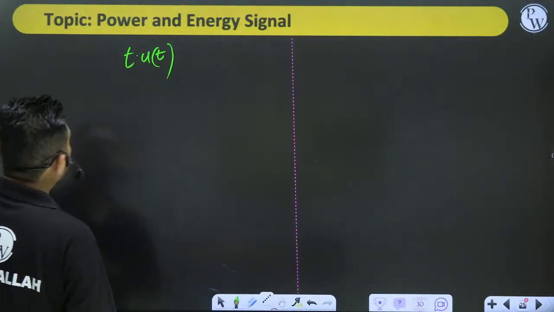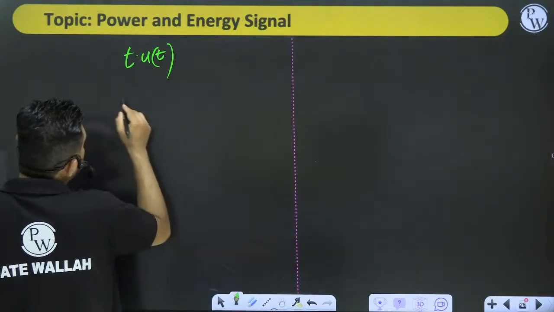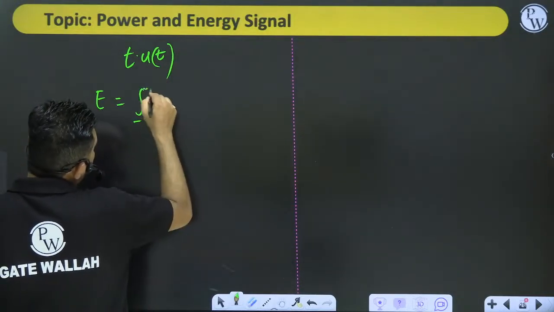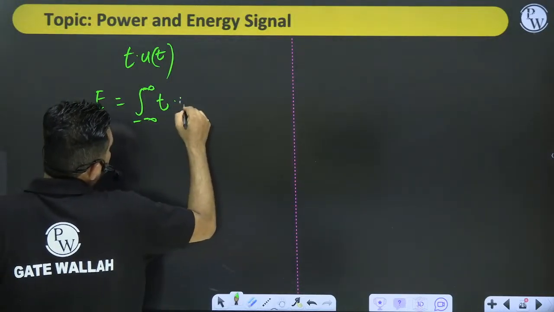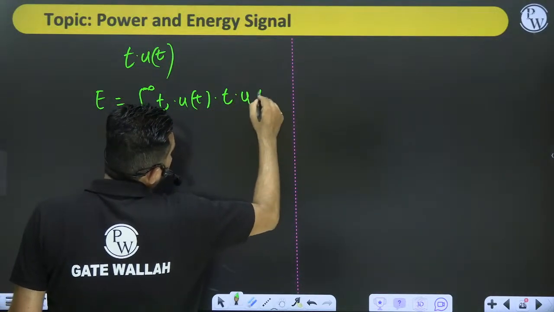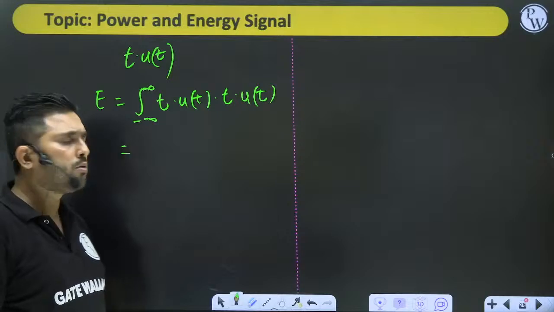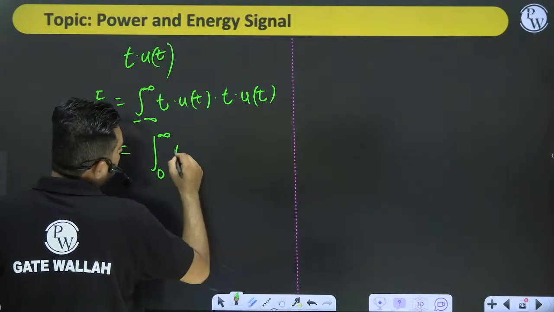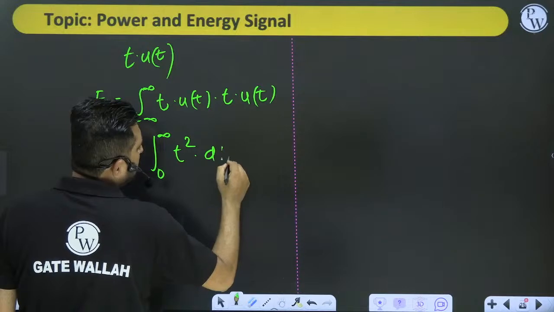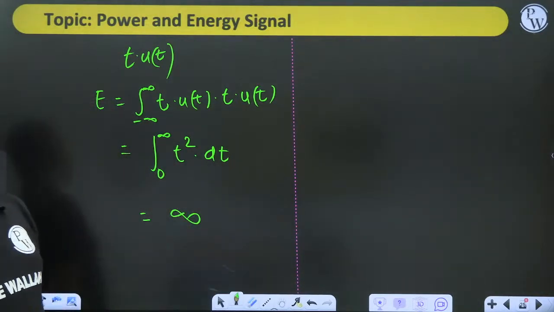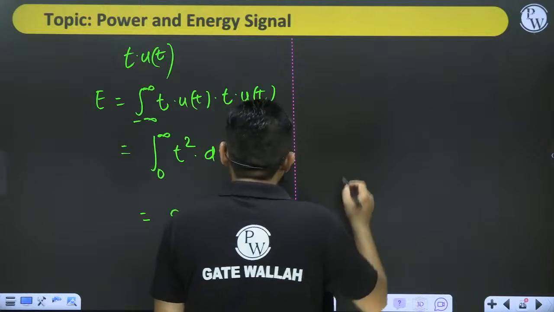Yes, t u(t), if I take, then let's talk about the energy. Energy is minus infinity to infinity of t u(t) times t u(t). This will give me 0 to infinity t squared dt. When you solve, it comes out to be energy is infinity. Maybe it is a power signal. Let's check power.